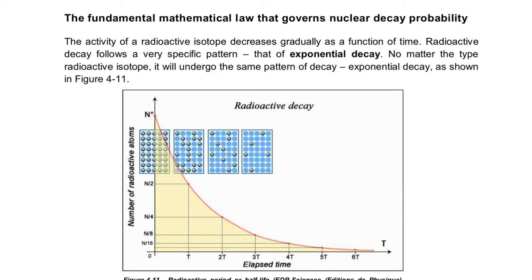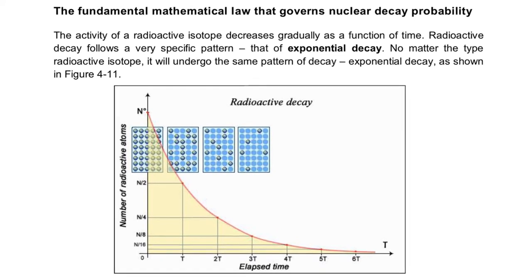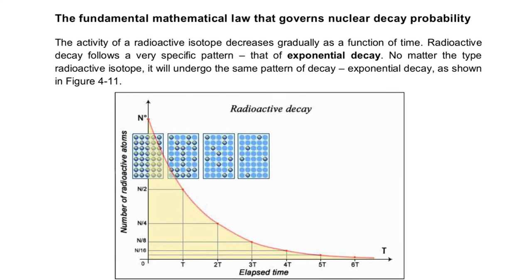So now, looking at the fundamental mathematical law that governs nuclear probability, the activity of a radioisotope decreases gradually as a function of time. And that should make sense. Radioactive decay follows a very specific pattern, that of exponential decay, which we will explicitly use in a mathematical form soon enough.